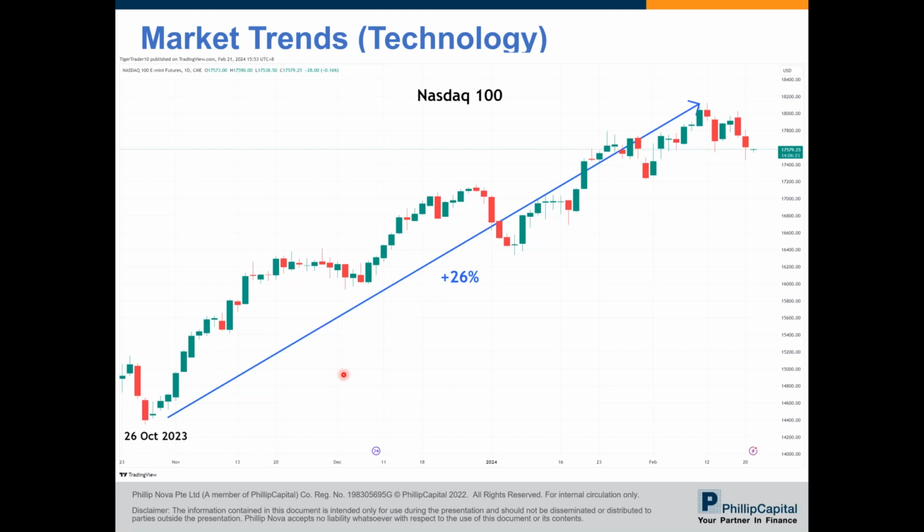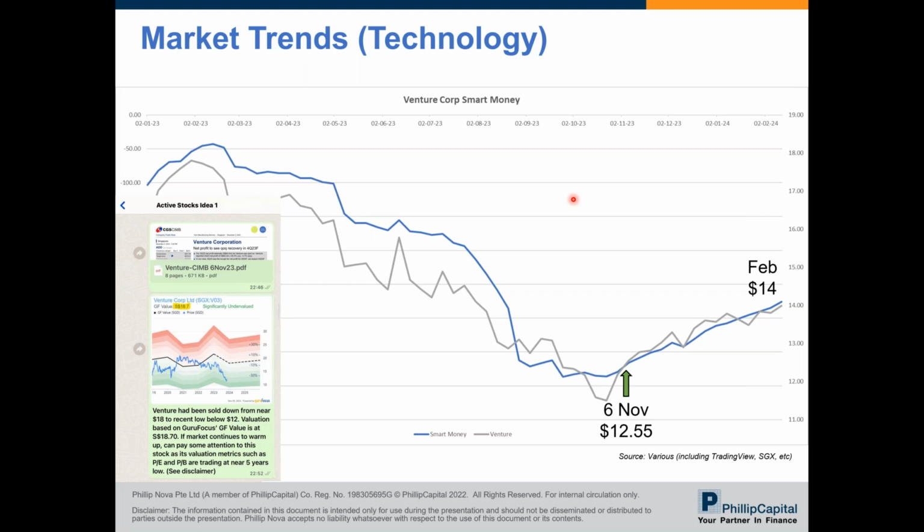Nasdaq had moved up from 14,000 to close to 18,000. So what about Singapore stocks? What other stocks can we look out for? There are a couple of technology stocks in Singapore. They may not be of the same level as the likes of the Magnificent Seven, but some of them do provide good trading or investing opportunities as well.